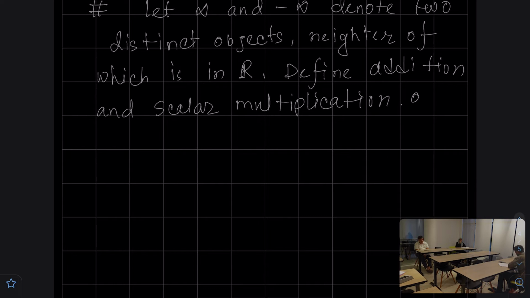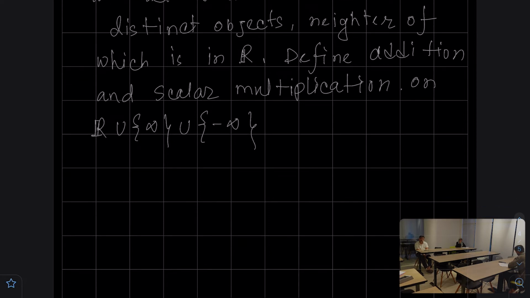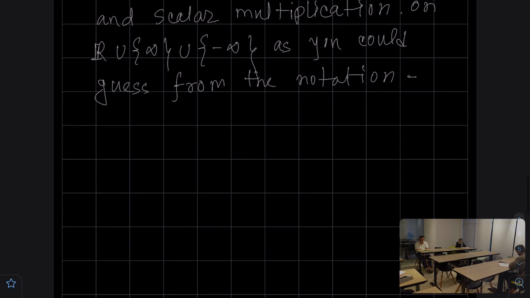And t times minus infinity is infinity, 0, or minus infinity if t is less than 0, t equals 0, and t greater than 0 respectively. And t plus infinity equals infinity plus t equals infinity; then t plus minus infinity equals minus infinity plus t equals minus infinity.